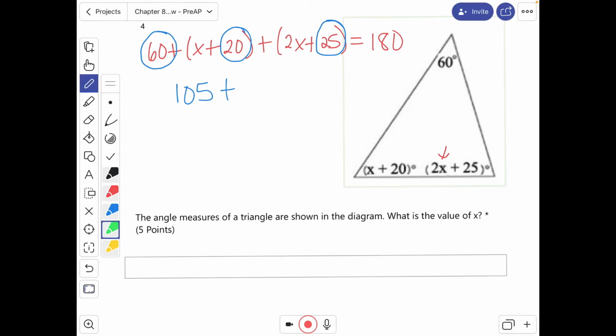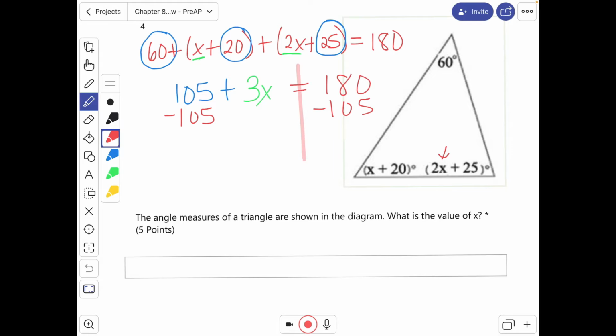Plus, then we want to combine all the ones that have variables. So there's an x and there's 2 x's. 1x plus 2x makes 3 x's, and it still equals 180. Now we can solve the equation. First, we have to subtract 105 from both sides. Remember, what you do to one side, you have to do to the other.